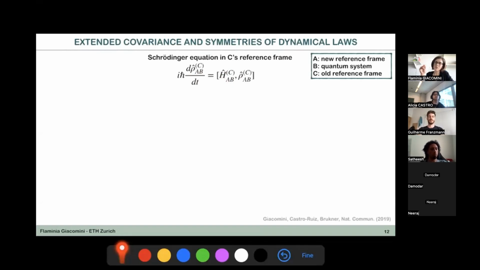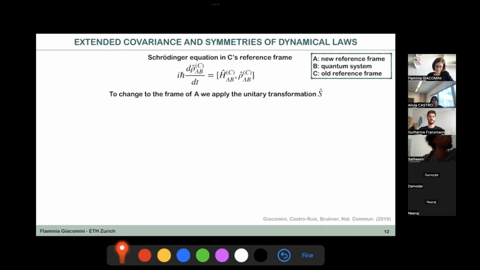The sense in which this is more general than when we take a usual reference frame transformation is that there we would not include the Hamiltonian of the reference frame, but only of the system that we're describing. But here also the reference frame is dynamical. And now to change to the quantum reference frame of A, we apply a unitary transformation S that does not need to be the one that you saw a few slides ago, the transformation to relative coordinates.